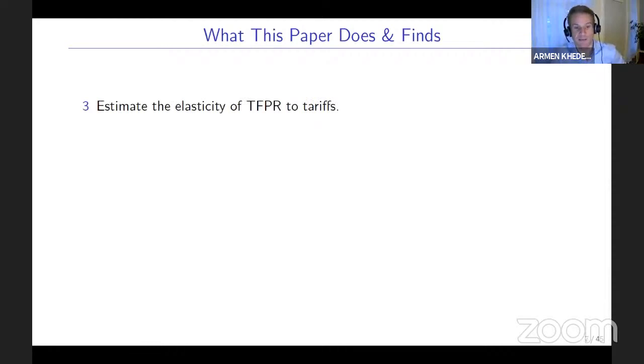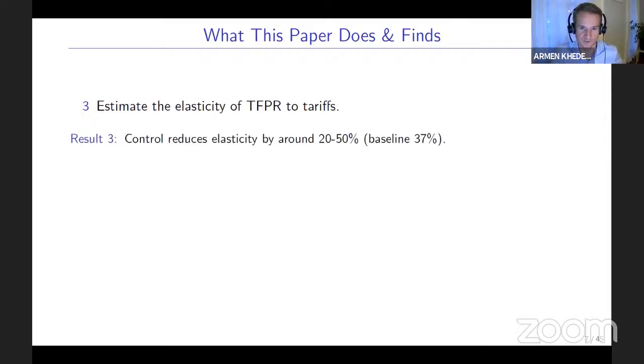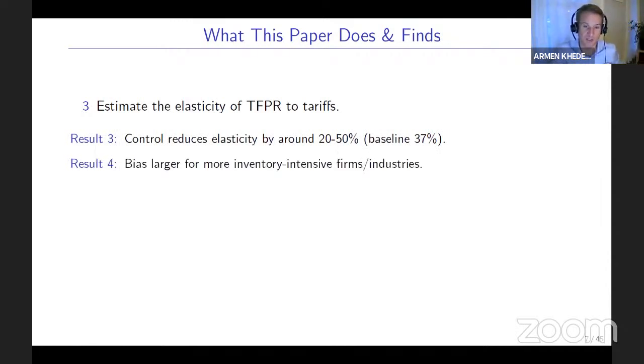All right. So what happens when we control for these unobserved costs by introducing the control function? What we find is that the elasticity drops by around 20 to 50%, and 37% in the baseline. And this bias is much more important for firms and industries that are inventory intensive.